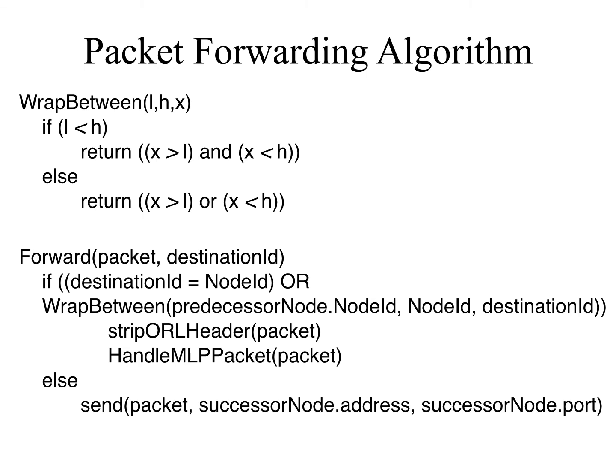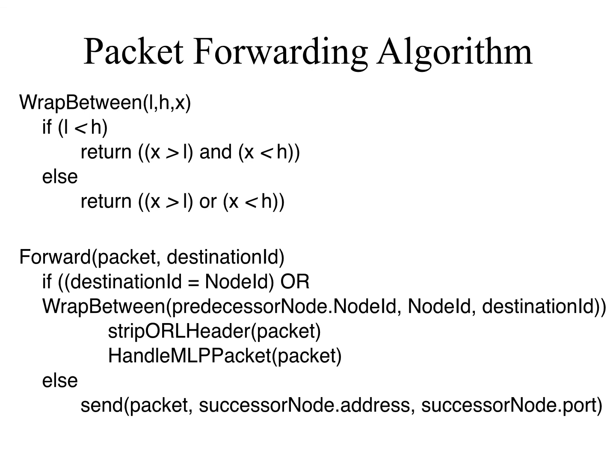First of all, there is a wrap-between function, which takes in three arguments, L, H, and X. L and H are the lower and the upper bound, and X is the variable which we compare, to check whether it is between L and H or outside. If L is less than H, we return whether L is less than X and X is less than or equal to H. Or else, if L was greater than H, then we see whether X is greater than L or X is less than H. Accordingly, it returns the value.